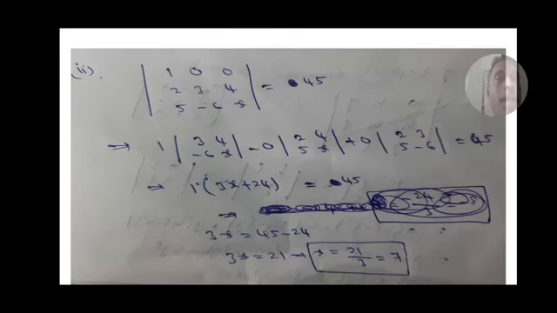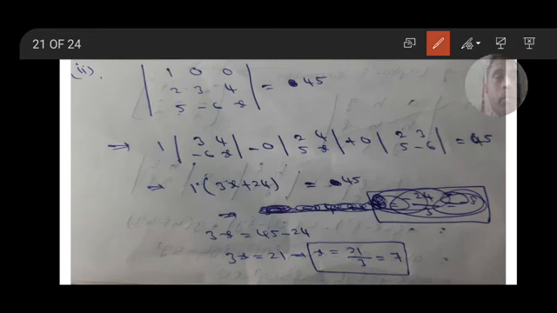Next, so if the determinant 1, 0, 0, 2, 3, 4, 5, minus 6, x equal to 45, then what is the x value? So 1 into, I am taking first row elements, 1 into its minor means delete row and column, 3, 4, minus 6, x, minus 0 into its minor, delete row and column, 2, 4, 5, x.